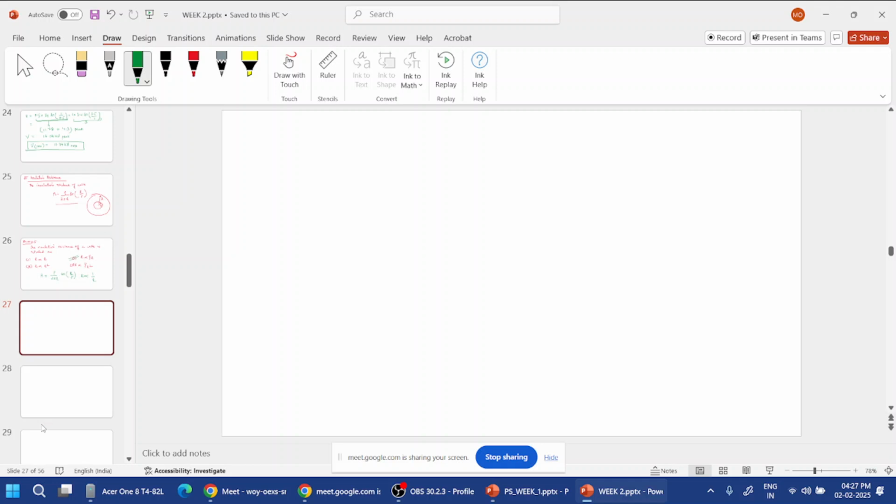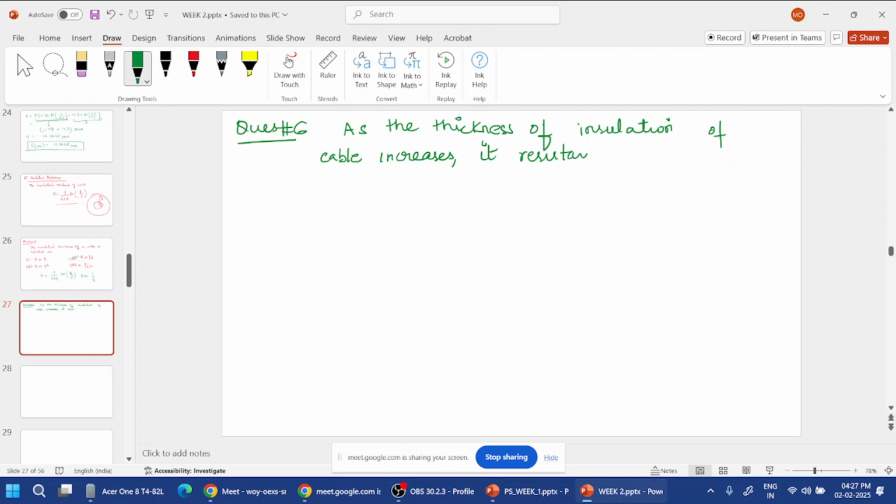Now, next question. Question number 6: as the thickness of insulation of a cable increases, its insulation resistance: A, increases; B, decreases; C, remains same; D, none of the above.